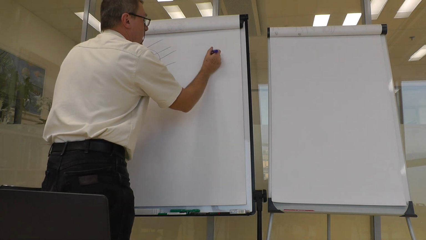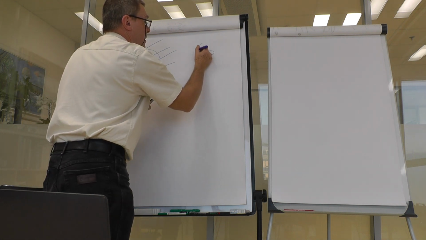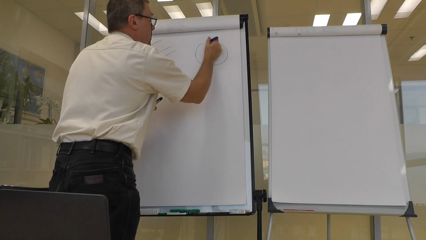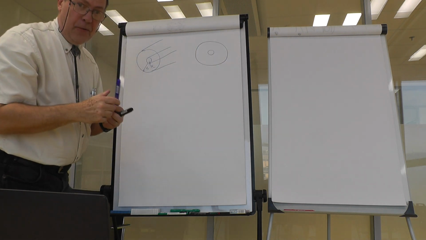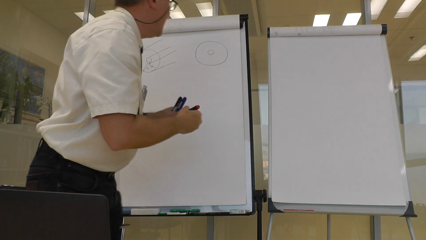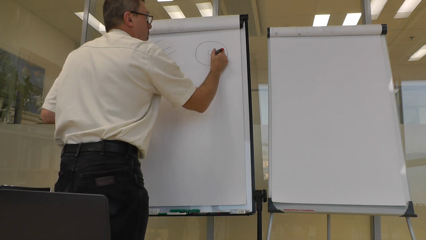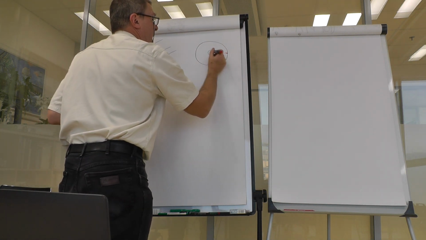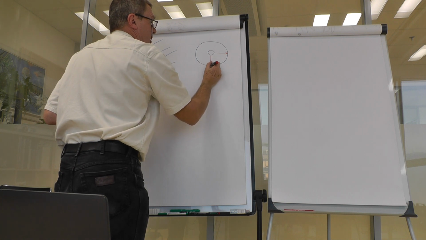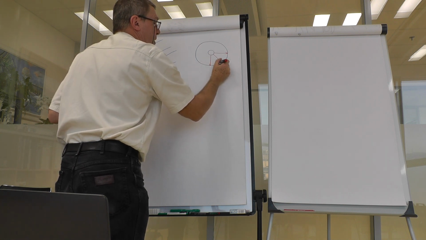So we have the cable, and now the electric field strength looks like rays coming out of, let's say, the inner conductor.